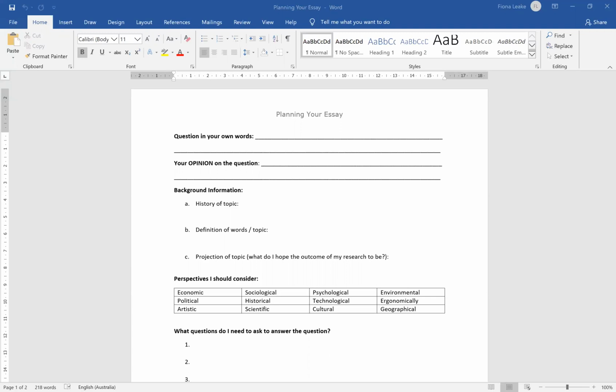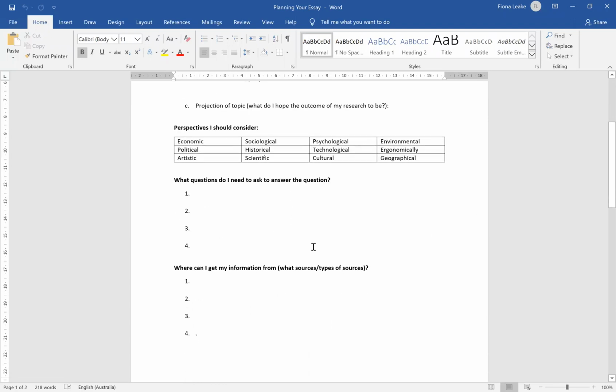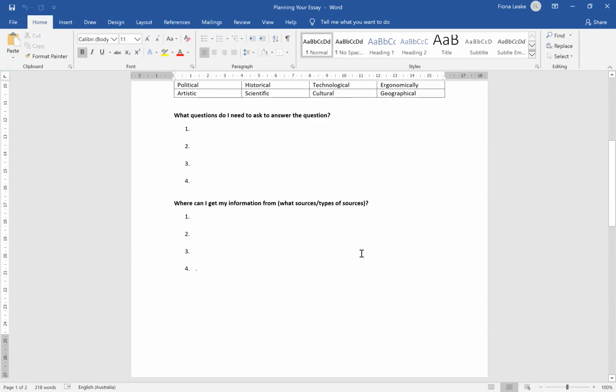The next thing that you need to do is actually analyze the question, get an idea of what you're going to be doing with your essay, have a think about different perspectives of your essay. What questions do you need to ask to answer the question? And where you can get your information from.